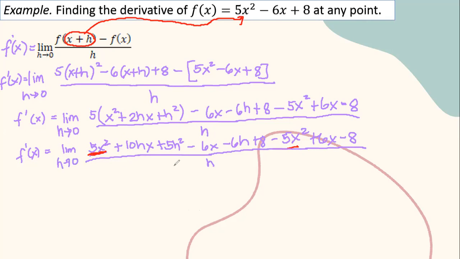So yung common terms, pagsasamahin natin, 5x squared minus 5x squared makakancel. So 10hx, wala siyang katulad.